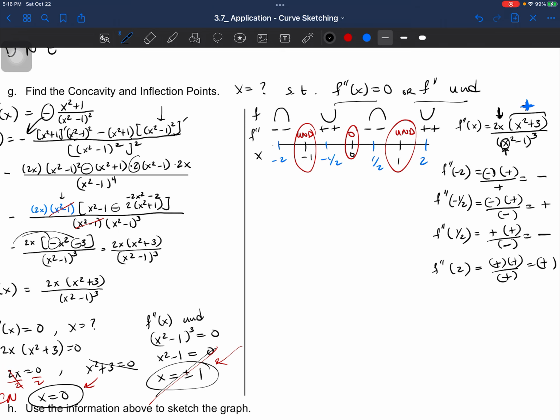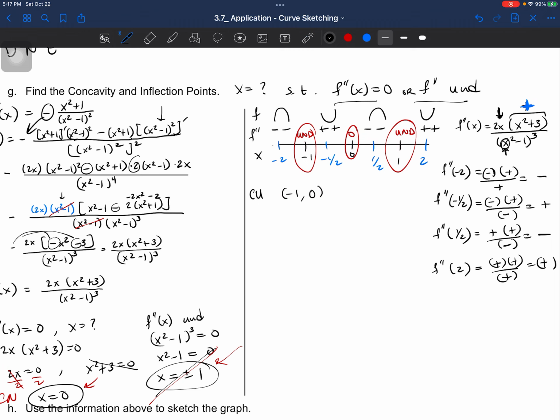So we have a function. Sorry, we're not looking at increasing or decreasing. This is the second derivative. So this is concave down, concave up, concave down, concave up. So this is concave up from -1 to 0, and from 1 to infinity.